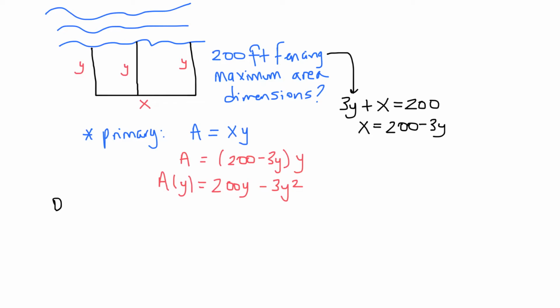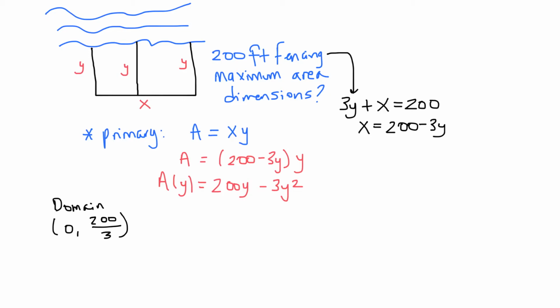So then my domain is going to be more than 0 for y, so parentheses 0, and then the three sides put together cannot take up the entire fencing. So 3y cannot be 200 because you have to leave some room for x. And so that means that y cannot be 200 over 3. I cannot touch that number. The single y has to be less than that. And then that means that I have no endpoints. My critical value has to be the maximum or the minimum. It has to happen between 0 and 200 over 3.